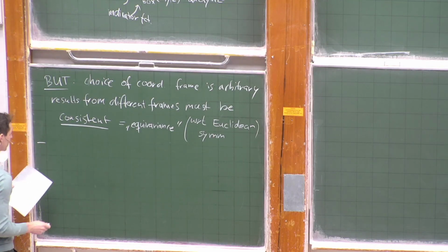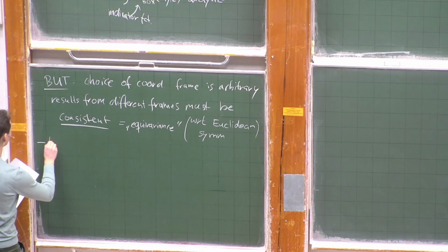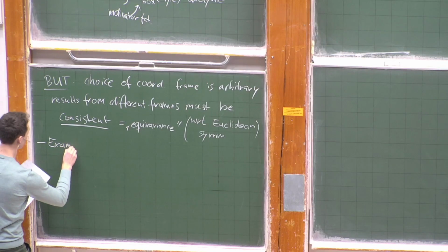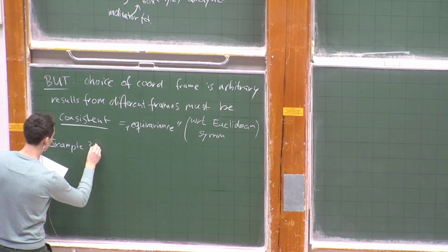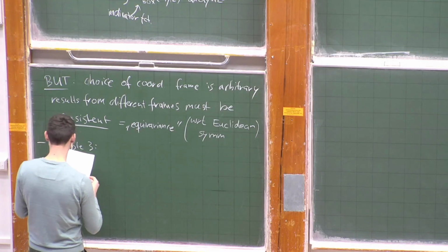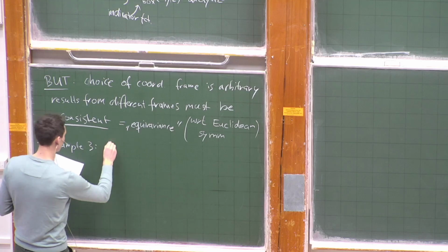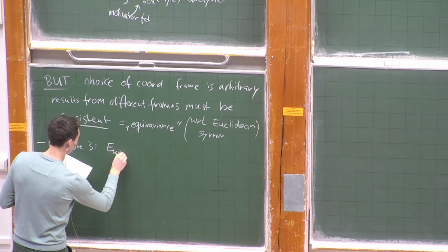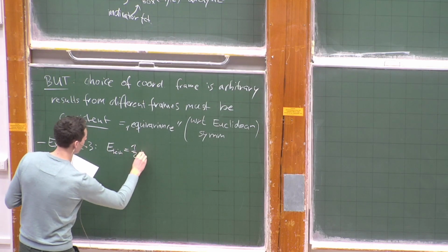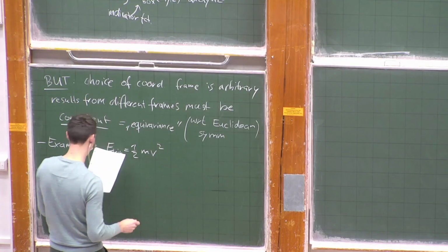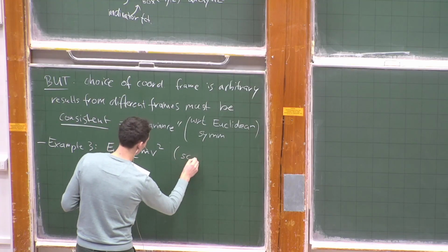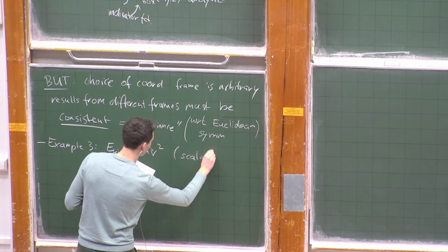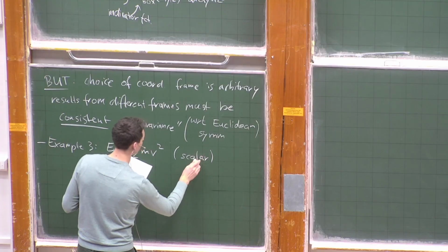Another physical example for this would be the kinetic energy of a particle, which would be 1/2 mv squared. This, given that it's an invariant quantity, is also called a scalar.